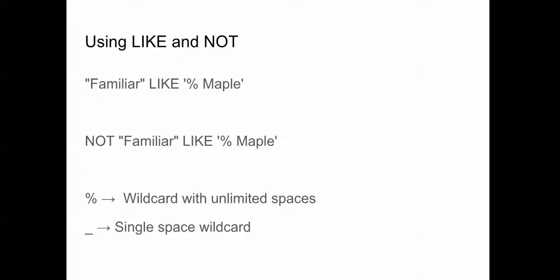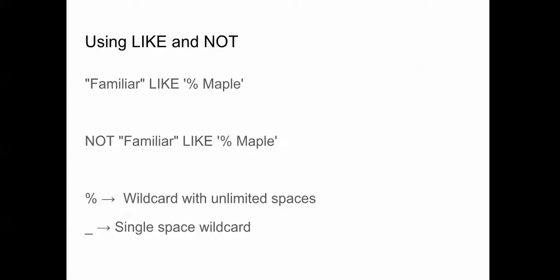For example, we might have a group of tree data, and we actually want to pull out all of the tree data for any kind of maple. In other words, there's several different species of maples, and they're listed in the field familiar. And they might have sugar maple and silver maple and red maple and tiger maple. But we really want any of the maples.